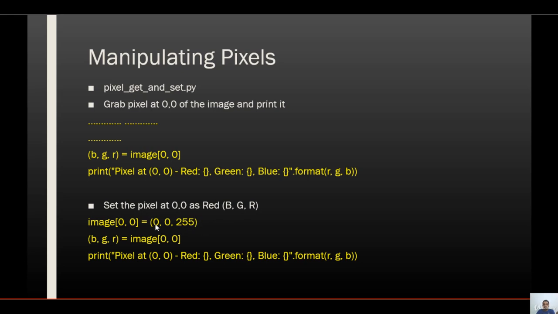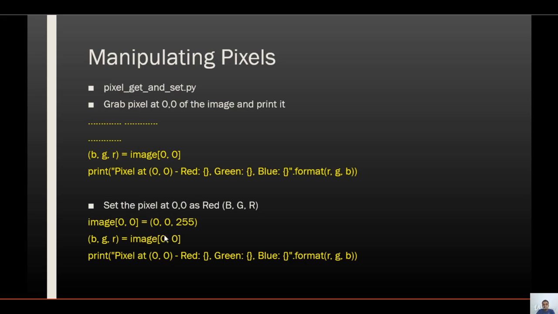So this color will be red. No blue, no green, but full red. So we are setting the 0, 0 pixel of this image to a red pixel, and we will print it again just for confirmation.